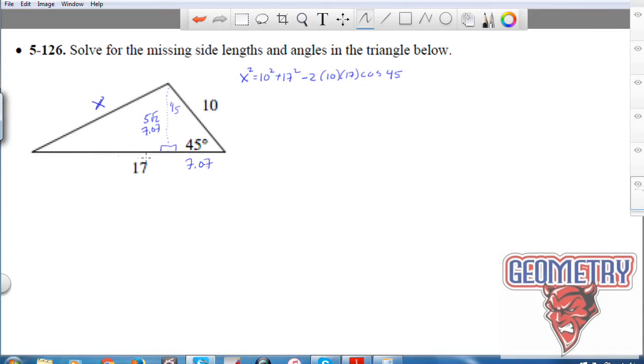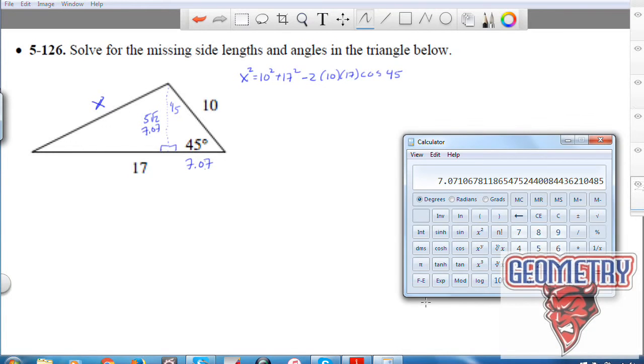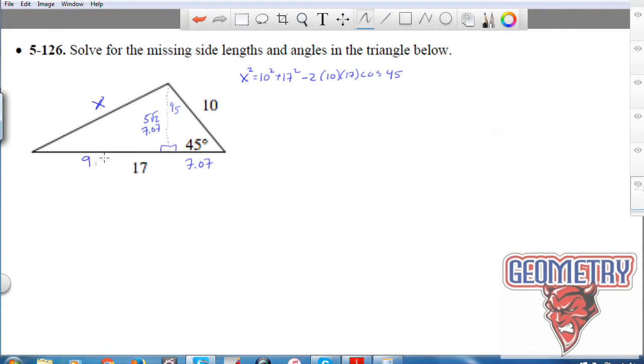So this whole side length here is 17. So we want to do 17 minus 7.07. 9.93, which is this length there. And so now we can do the Pythagorean theorem to find out what x is.